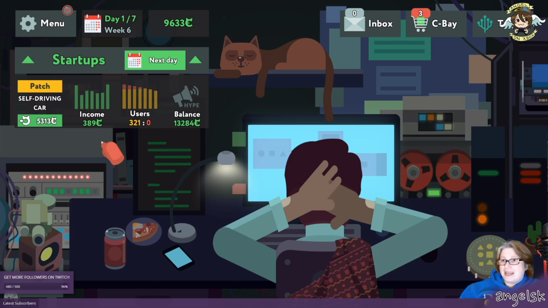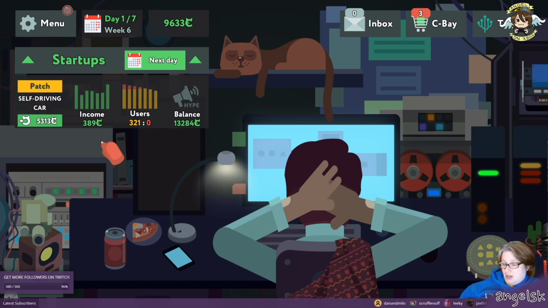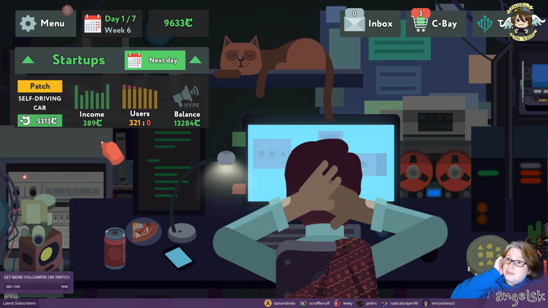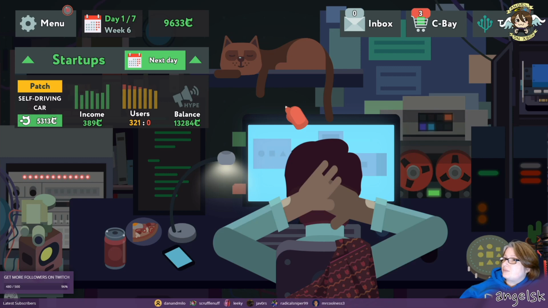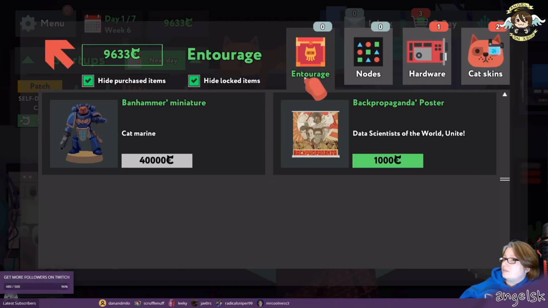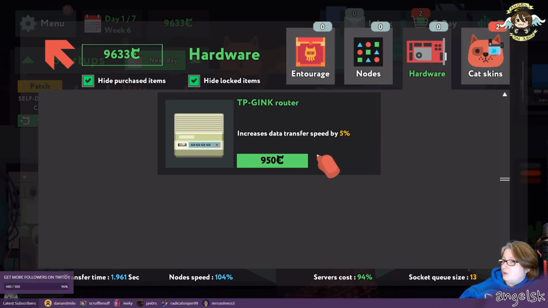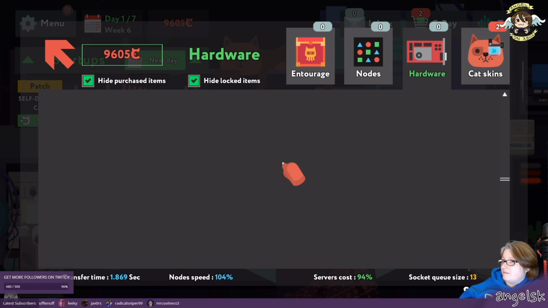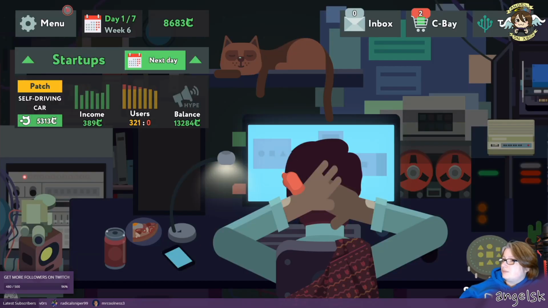How the bleep do I get files into Glacier? No, I have to do like multi-part upload, right? No. So I parked that because that was just hurting my brain. Hardware. Oh, increased data transfer speed by 5%. Nice. Oh, look, we got a little router.